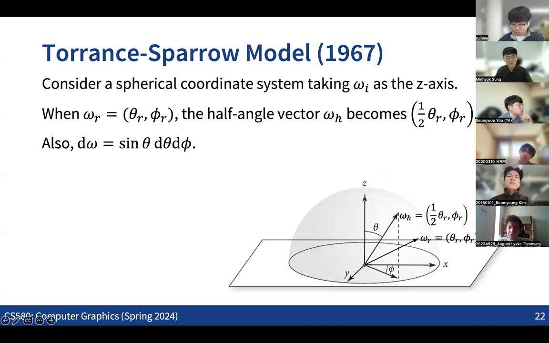We set up these specific coordinates, and then the outgoing direction, omega r, is represented by an azimuth and an elevation like this. The half angle vector, omega h, then becomes a vector that shares the same azimuth while taking half of the elevation, theta here, right?